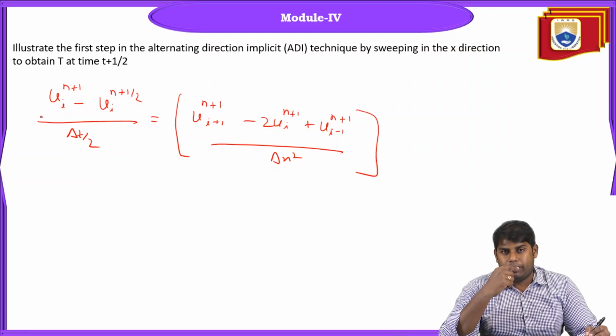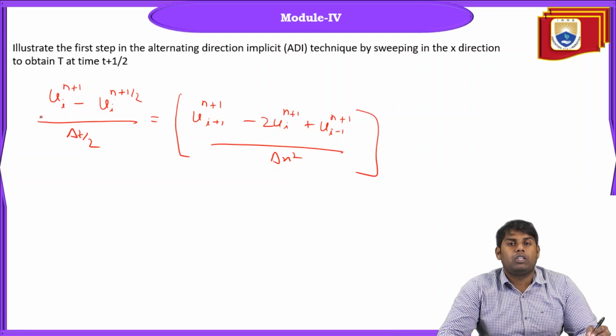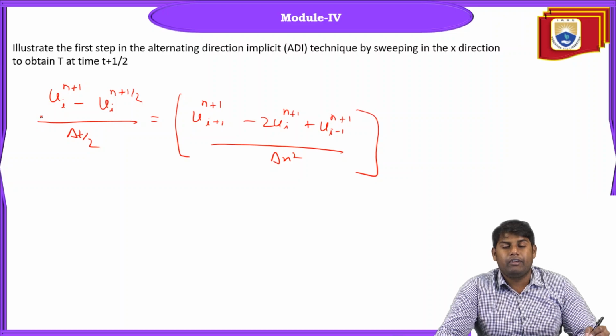So basically, what is it for 2D, we will see. For the 2D, we have the full form of the diffusion equation. In the 2D case, the x direction will be implicit and the y direction will be explicit, or the other way around, so basically the two will be different.